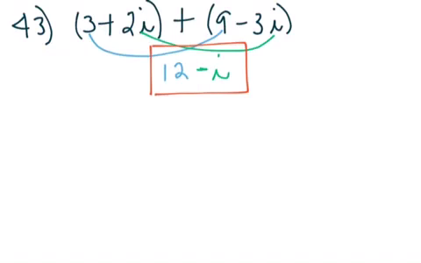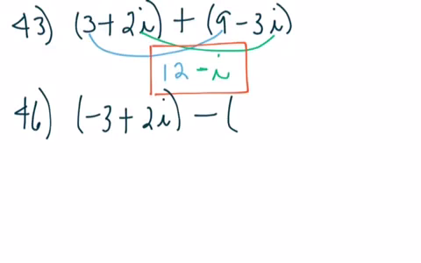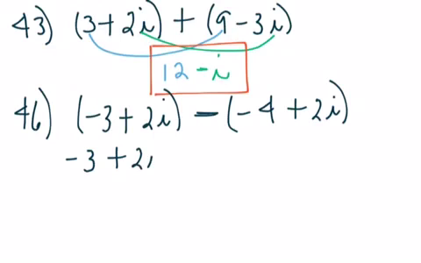If you look at number 46, you've got negative 3 plus 2i minus negative 4 plus 2i. When you have a negative in the middle, when it's subtract, it's best to change the sign. So that would be negative 3 plus 2i minus a minus, so plus 4.